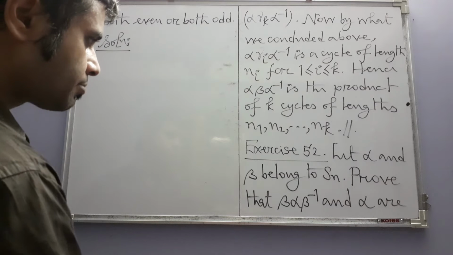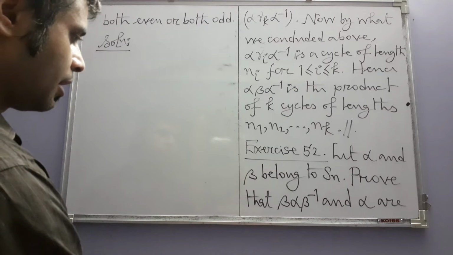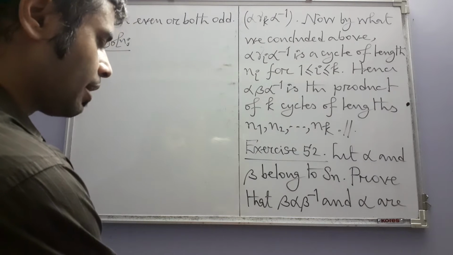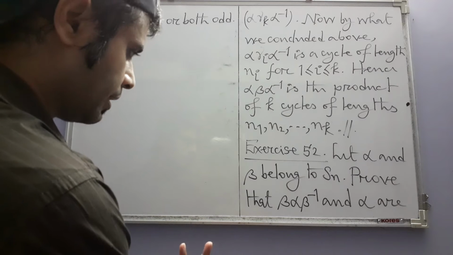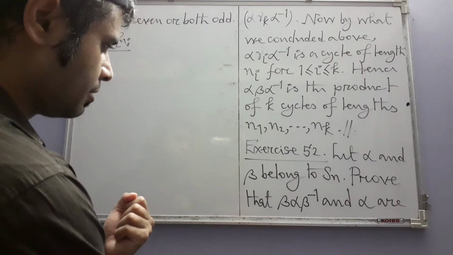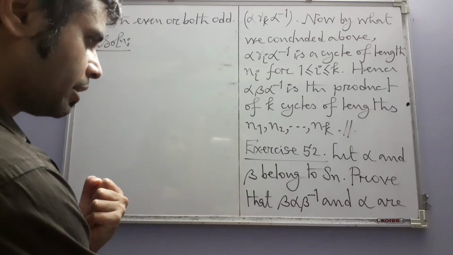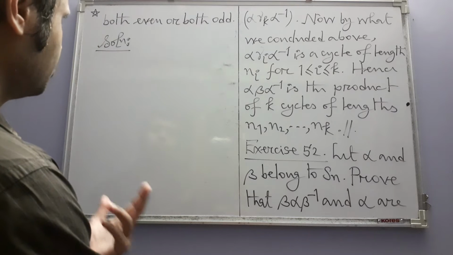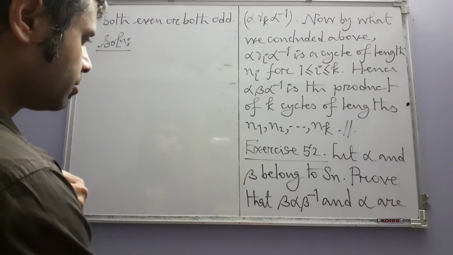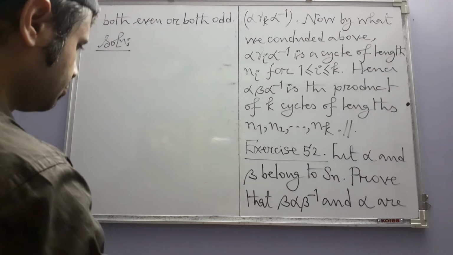What we are claiming here is that alpha and beta are any permutations, and beta alpha beta inverse and alpha are both even or both odd. Fine.